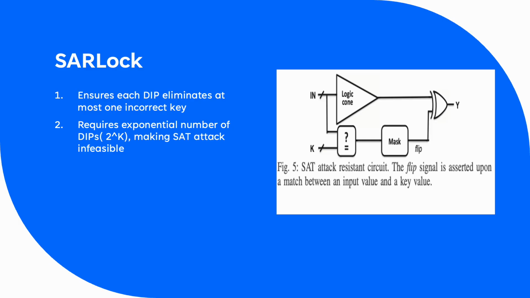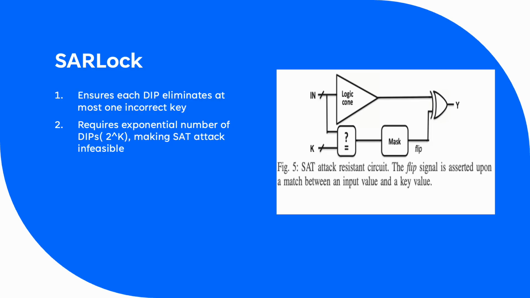Now moving on to SARLock, which stands for SAT Attack Resistant Logic Locking. SARLock is designed to resist SAT attacks by ensuring that each DIP eliminates at most one incorrect key. This is a significant improvement over traditional logic locking techniques where each DIP can eliminate many incorrect keys.